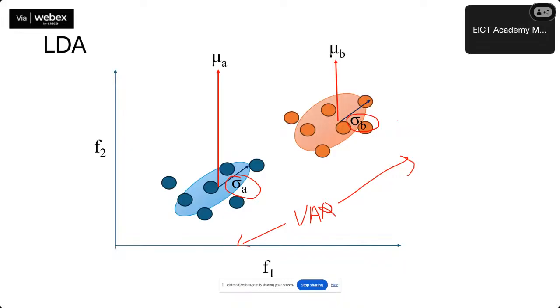Now, typically in PCA, what you do is you maximize the variance of the entire data, but then we know from the lecture of k-means clustering as well as from the other lectures in machine learning that I need to minimize what is called the intra-class variance.